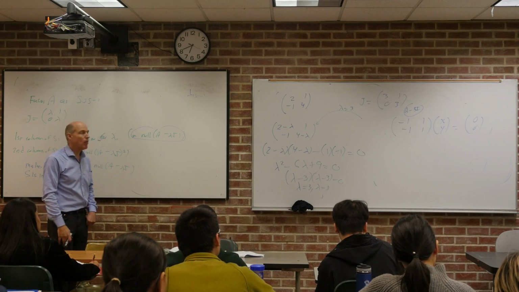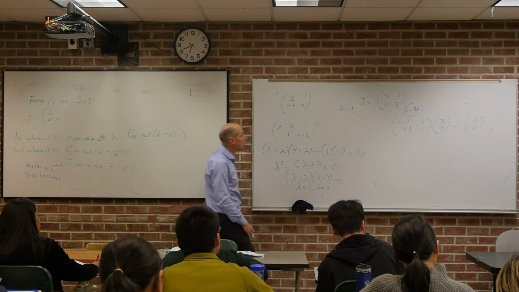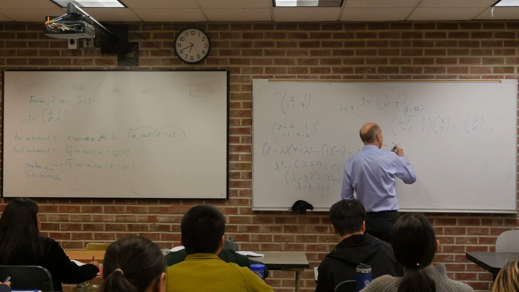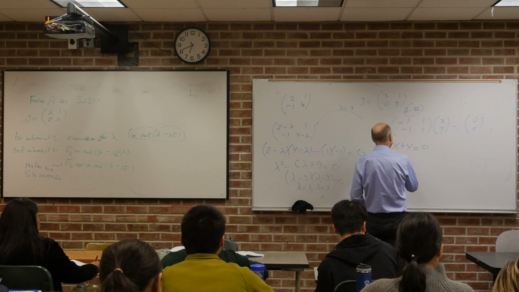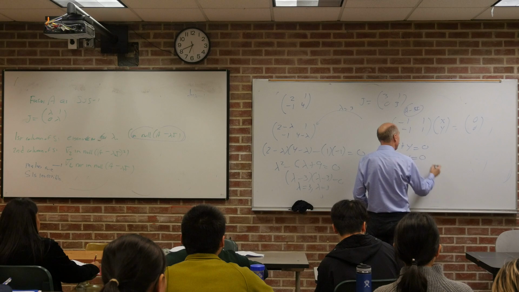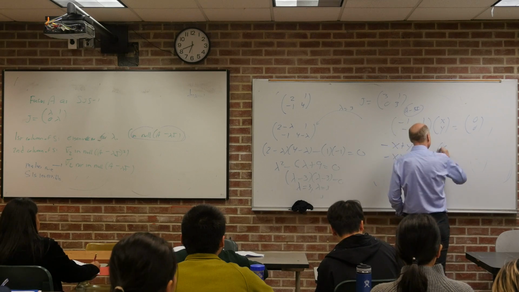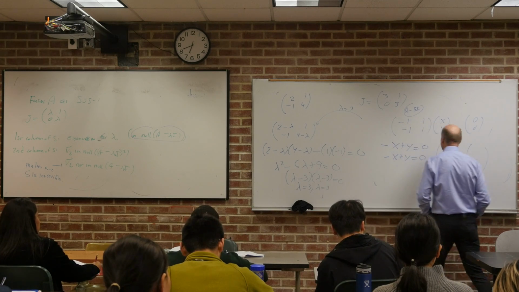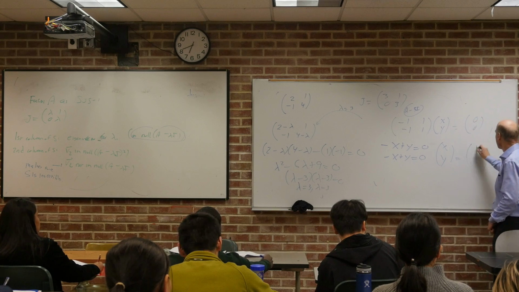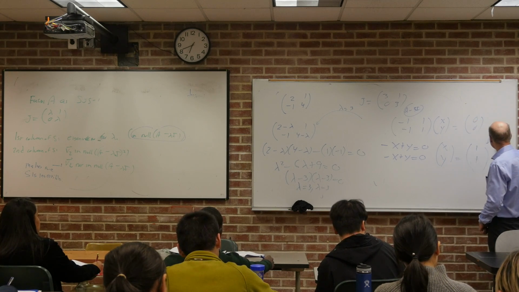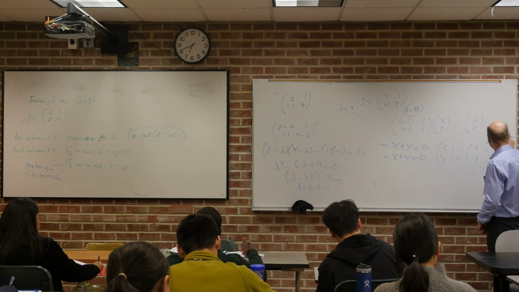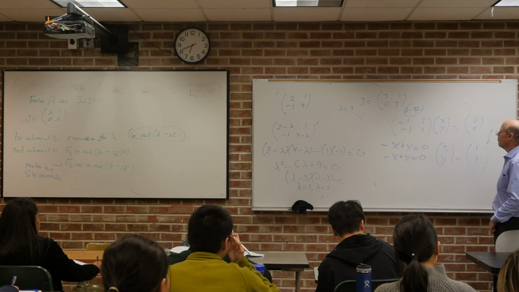So we're trying to find something that's in the null space of this. So can you give me an x, y that works here? 1, 1. So I've got my first column of S already.